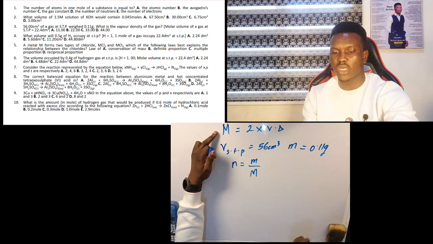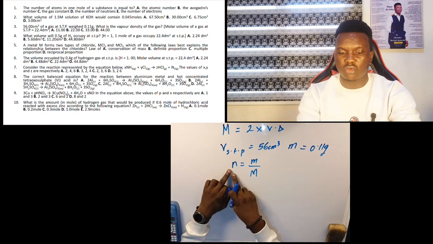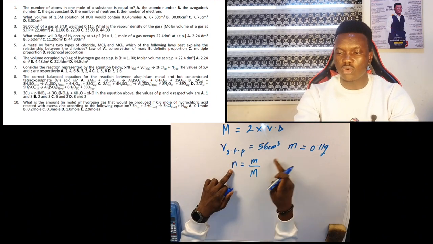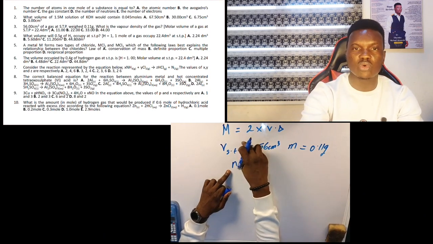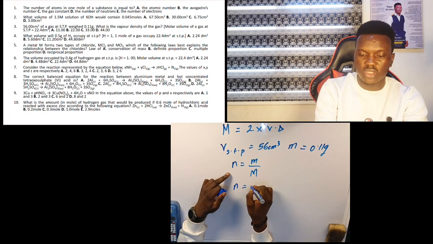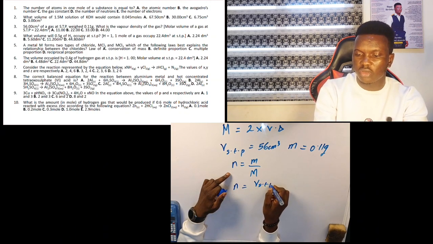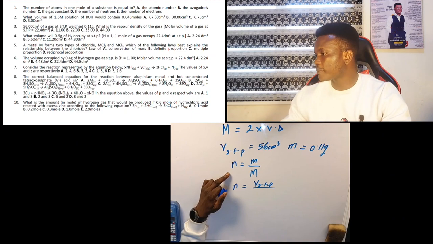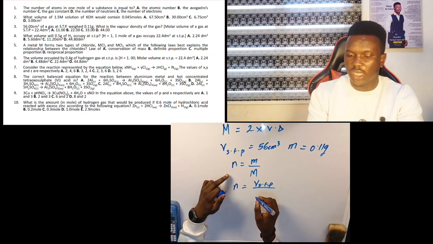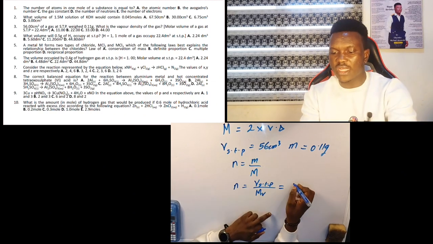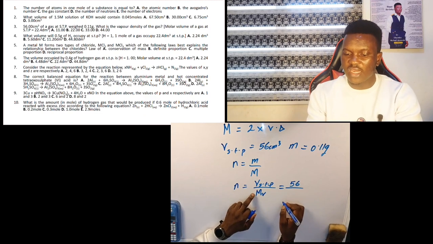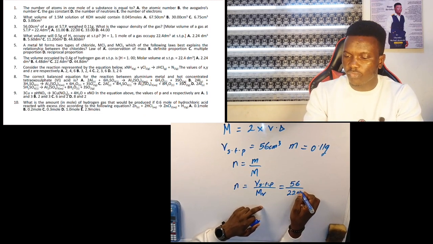That's your first formula. So now, do I know number of mole? No, I know mass. And I want to calculate molar mass. So how do I determine number of mole? Then I will use this. So I will say that number of mole is equal to volume at STP, which is the second formula here, volume at STP over molar volume. So the volume you are given at STP is 56 divided by molar volume 22,400.